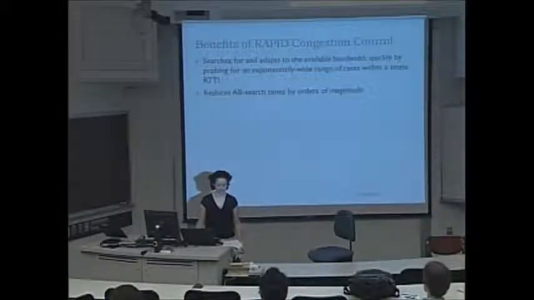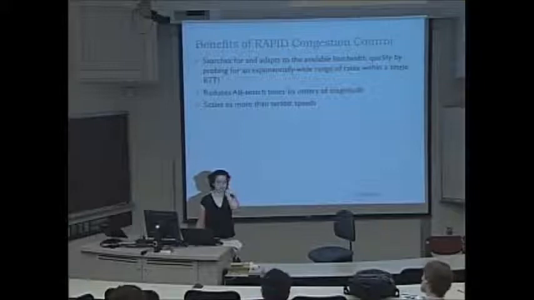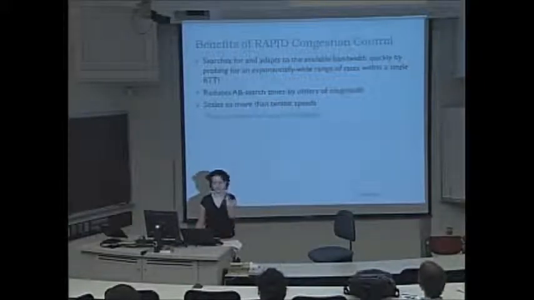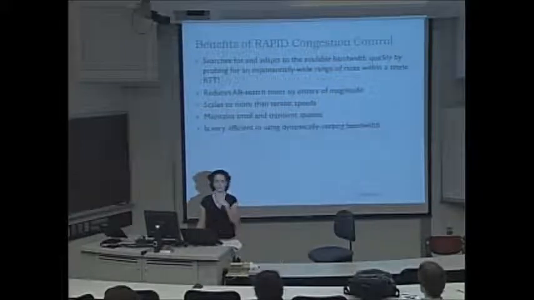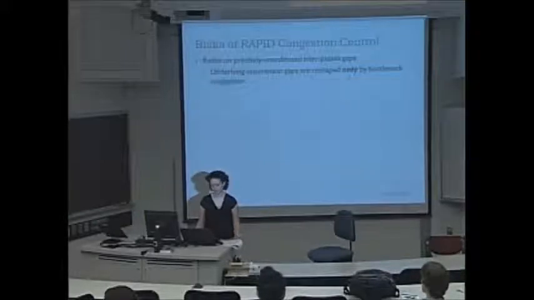Additionally, it's able to scale to more than terabit speeds, unlike TCP Neutrino. It will also maintain small and transient queues at bottleneck routers. And finally, because it can adapt quickly, it's very good at adjusting to dynamically varying bandwidth.